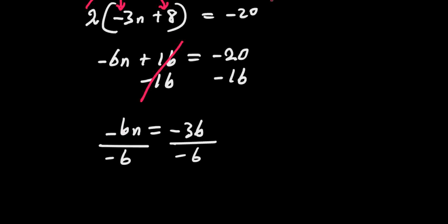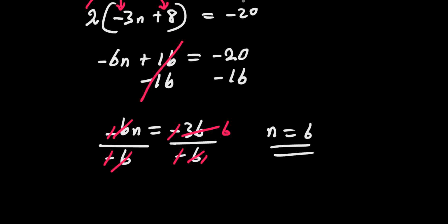Negative is going to cancel negative from here. 6 will cancel 6 from here. Negative will take negative from here. And 6 divided by 6 is 1. 36 divided by 6 is 6. So finally, n equals 6. And this is the final answer to this question. I hope this is clear to you. All right, let's move on to the next question.